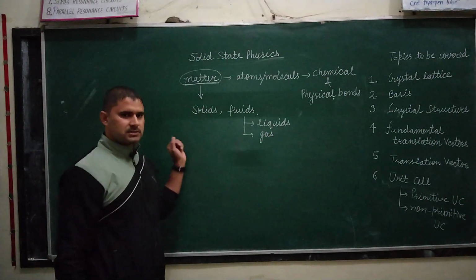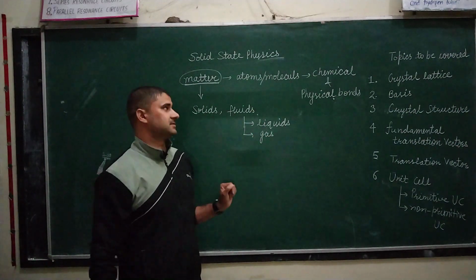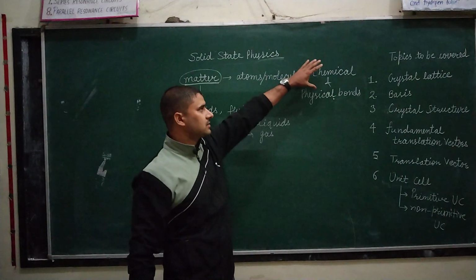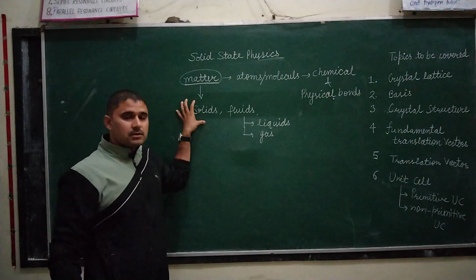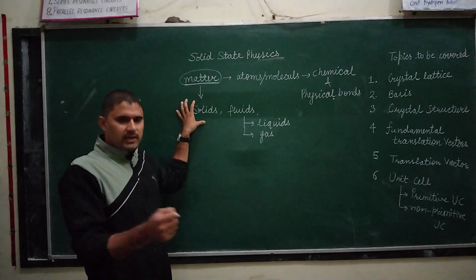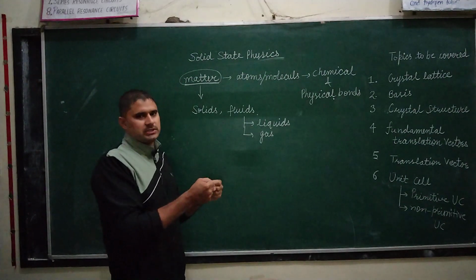See, what is the difference between solids, fluids, that is liquids, and gases? The difference is the strength of chemical bonds. In solids the chemical bonds are stronger, so the particles are tightly bound with each other.